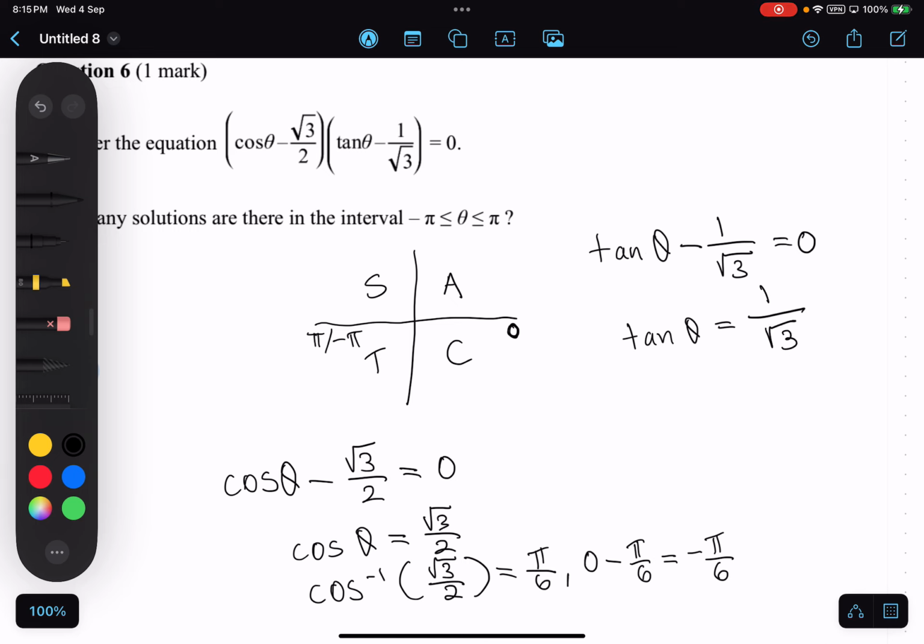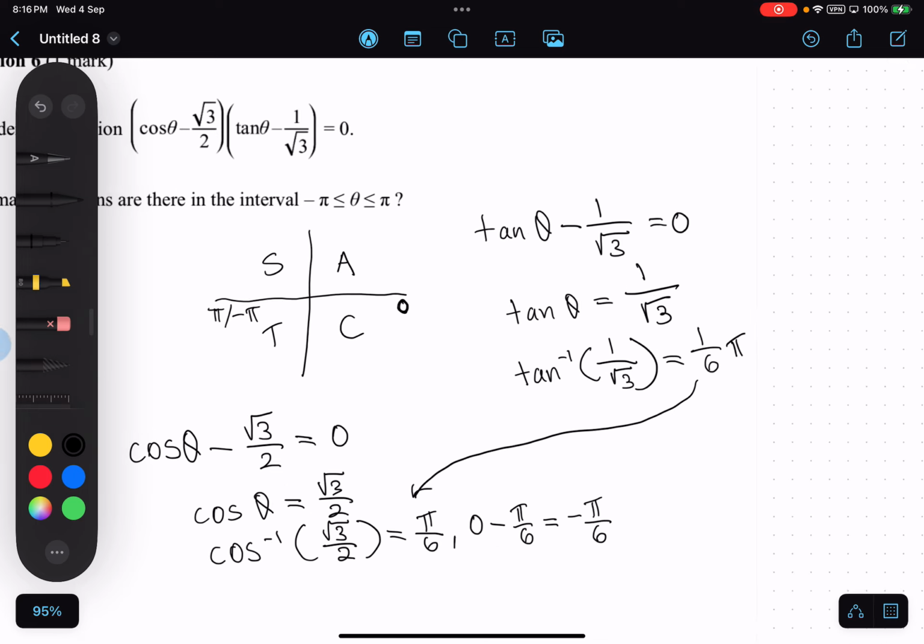One on root 3. And if you did that, you would get 1 over 6 pi. This actually overlaps with this answer right here, so these two are actually the same.